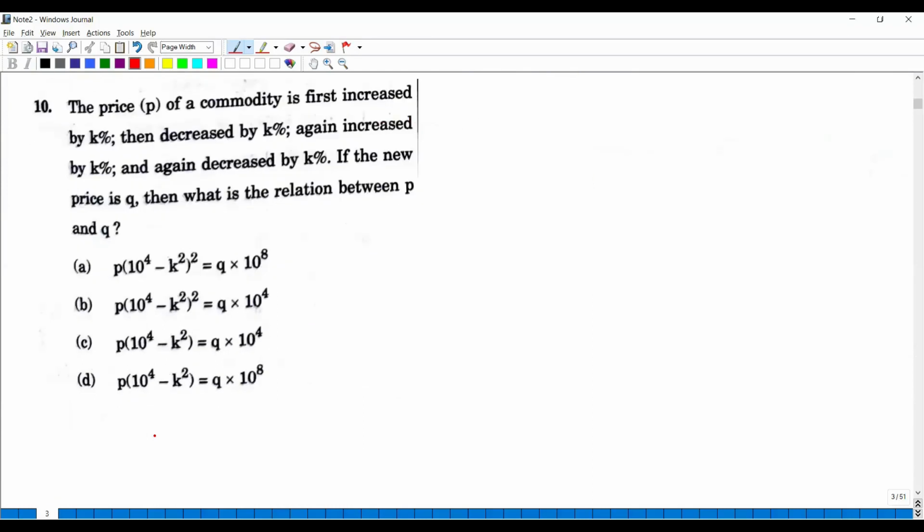Look at the question from percentages. The price P of a commodity first increased by K%, then decreased by K%, and again increased by K%, and again decreased by K%. If it is increased by K%, you'll write it as 1 plus K by 100, or 1 minus K by 100, again 1 plus K by 100, again 1 minus K by 100.